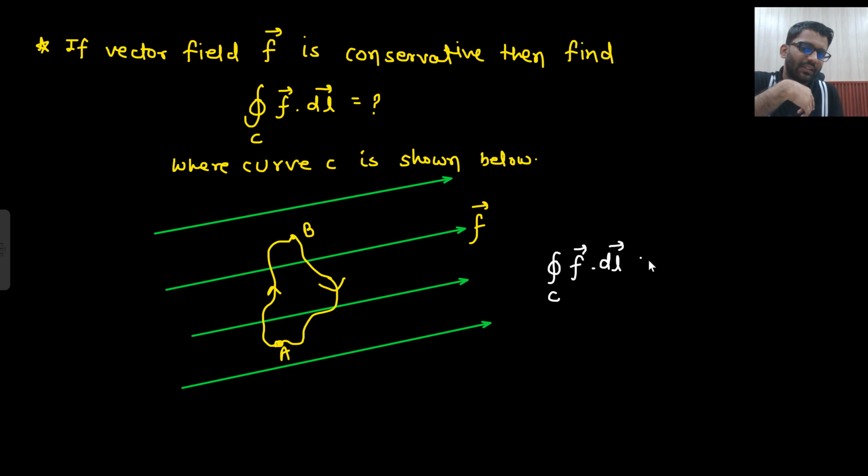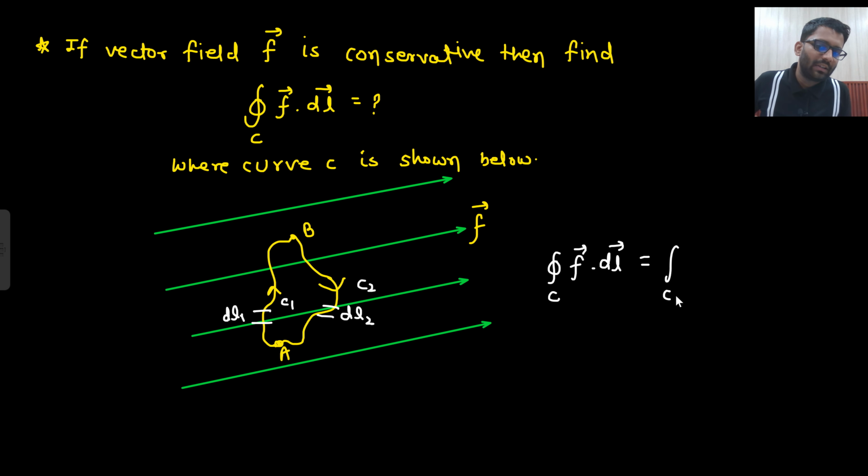along the curve C. I can break this curve into two parts, C1 and C2. Across C1 I am taking small length dl1, and across C2 I am taking small length dl2. So F dot dl would be the integral over C1 of F dot dl1 plus the integral over C2 of F dot dl2.